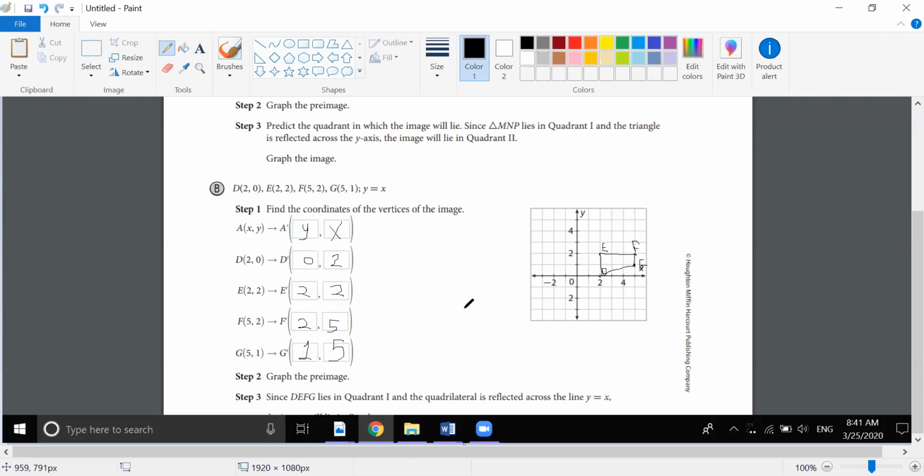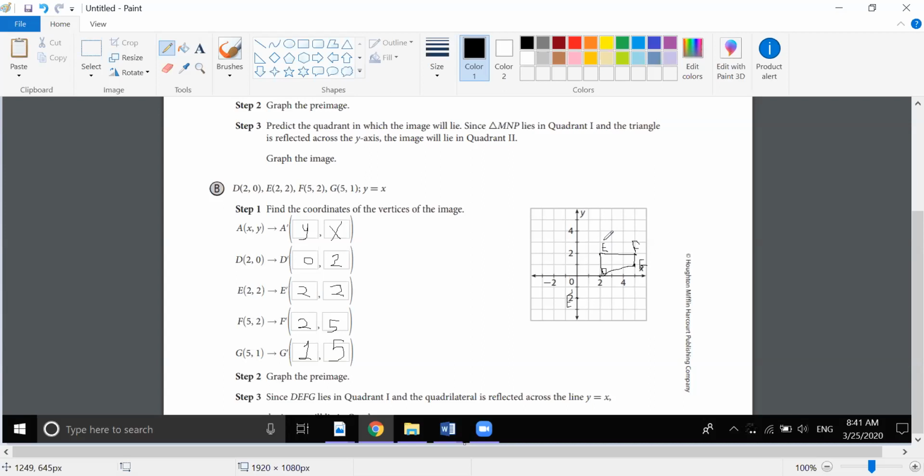And then let's graph. The first point is (0, 2). This is actually E prime. The second point is (2, 2), the same, so this point is E prime, the same.